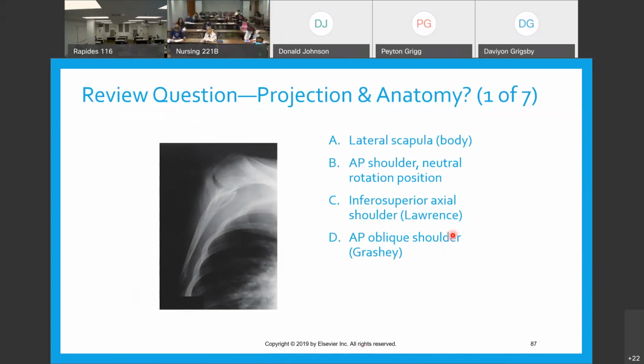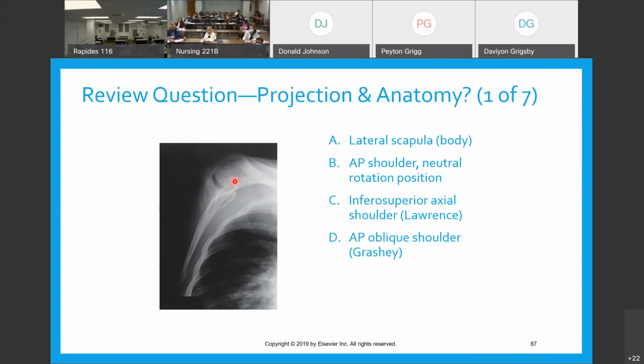Okay, what is this one? Miss Deal? What are you seeing? What is this? Go with something you know. What is this round circle here?